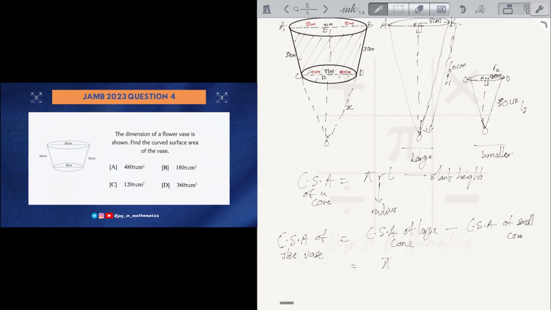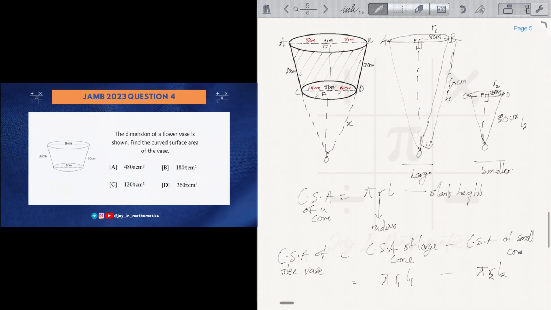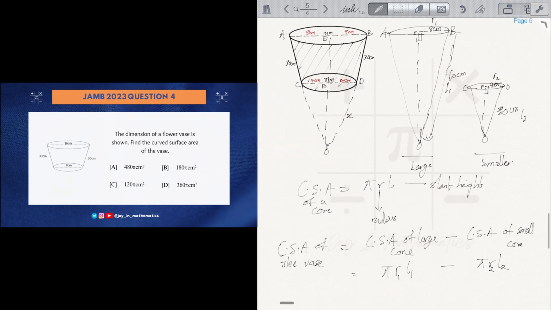You know, the curved surface area of a cone is pi r L. So we call the large cone 1, which has R1, L1. The small cone is 2, R2, L2. So we can see it here. Large cone, R1 of 8 centimeters, and L1 of 60 centimeters. Small cone, R2 of 4 centimeters, and a slant height of 30 centimeters.